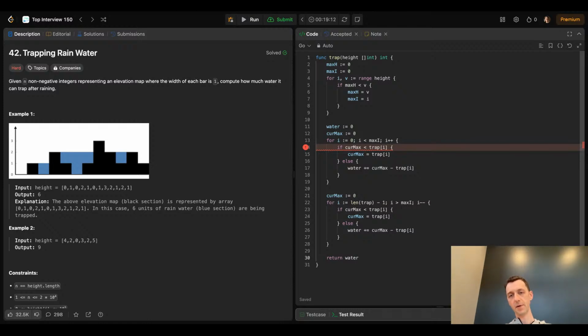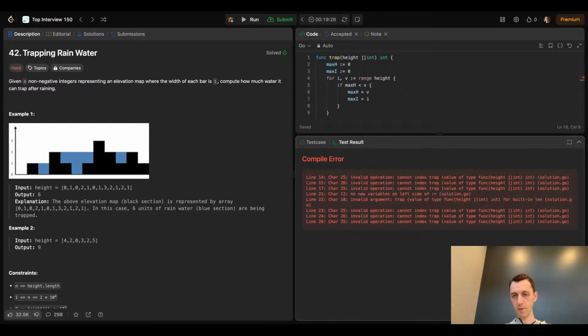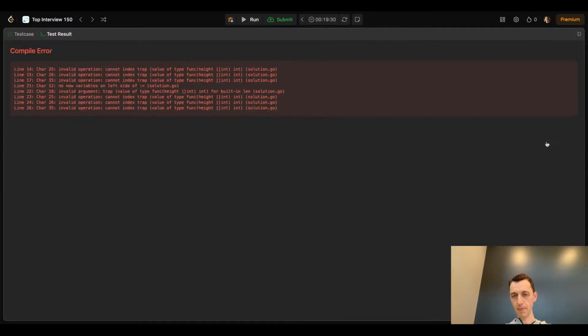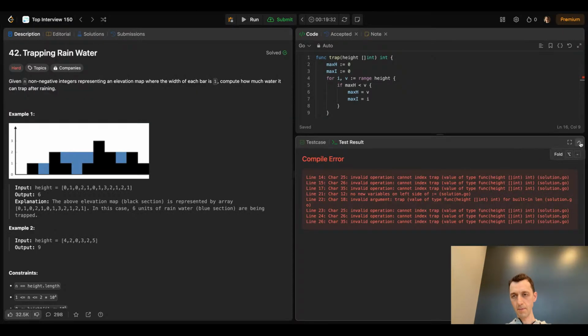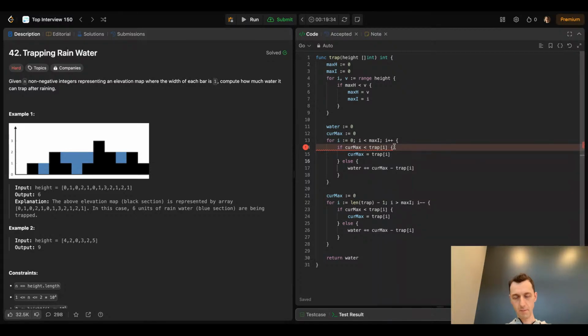Wait a minute. If current max is smaller than trap, I'm trying to understand what its problem is. i is an index.